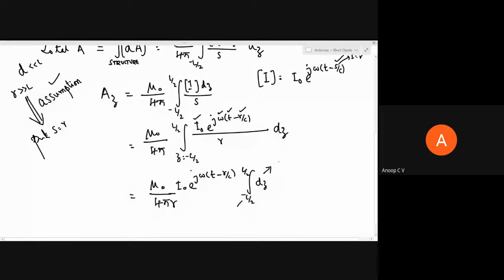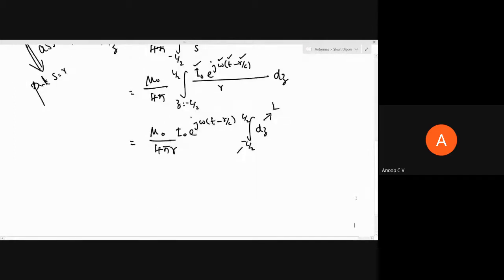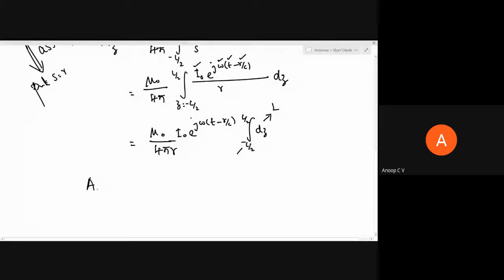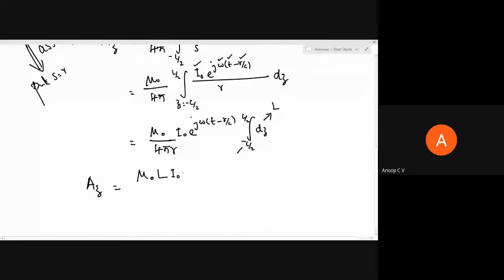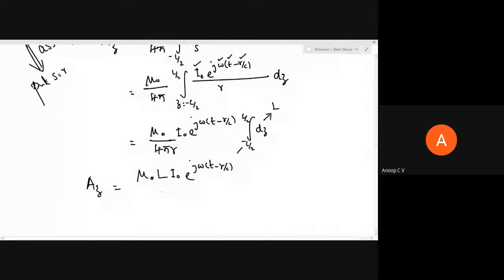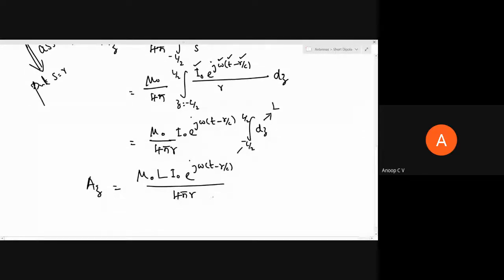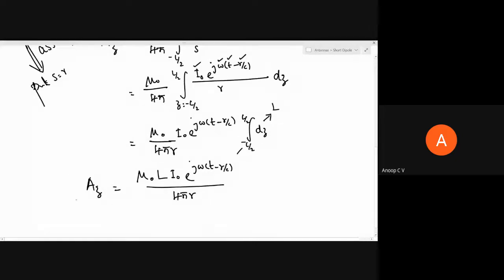That integral will be equal to L. So the final expression for AZ becomes AZ is equal to mu naught L I naught e power j omega t minus R by C divided by 4 pi R. This is the final expression for AZ.